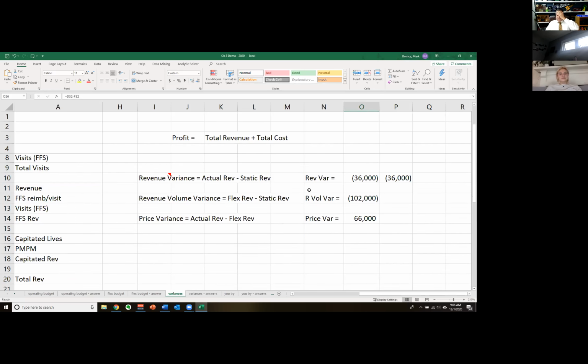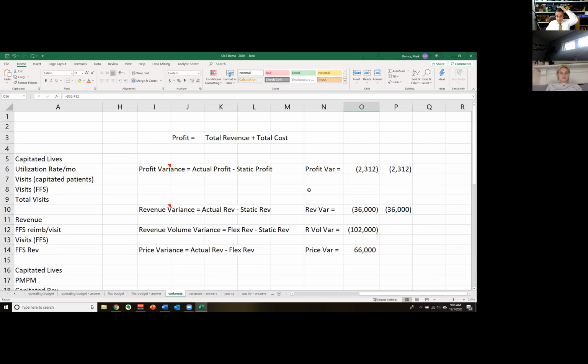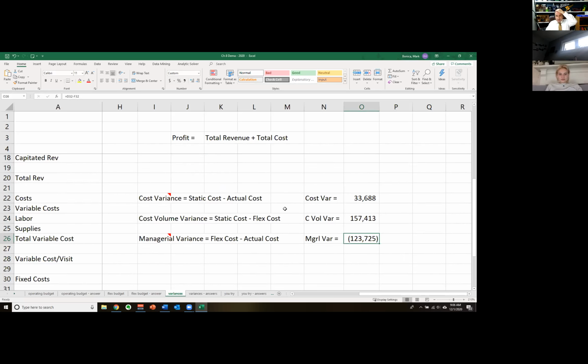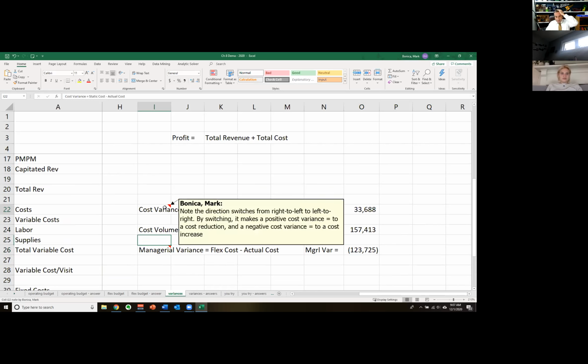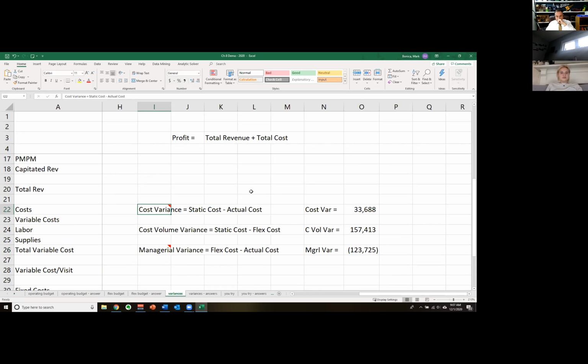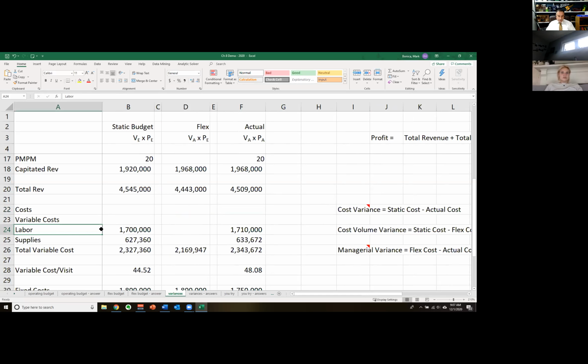So those are the variances that you're going to be responsible for on the exam. Each of these variances can be decomposed further. For example, we could decompose cost variance into fixed variance and variable variance, right? So variable cost variance and fixed cost variance. We could look at labor variance versus supply variance. We could just keep drilling down and drilling down.